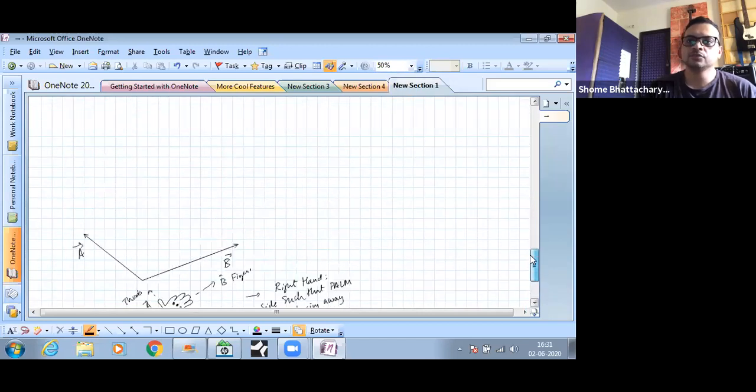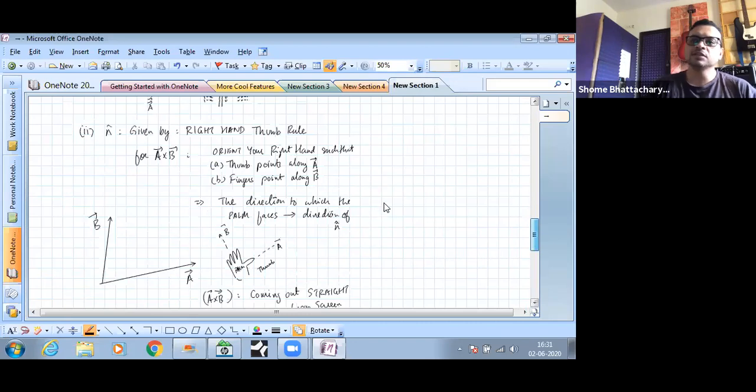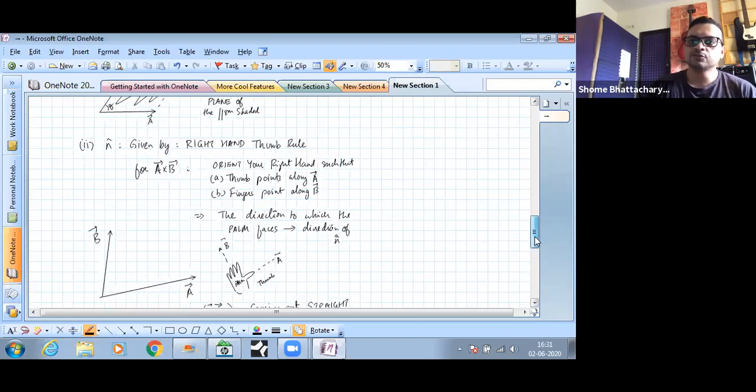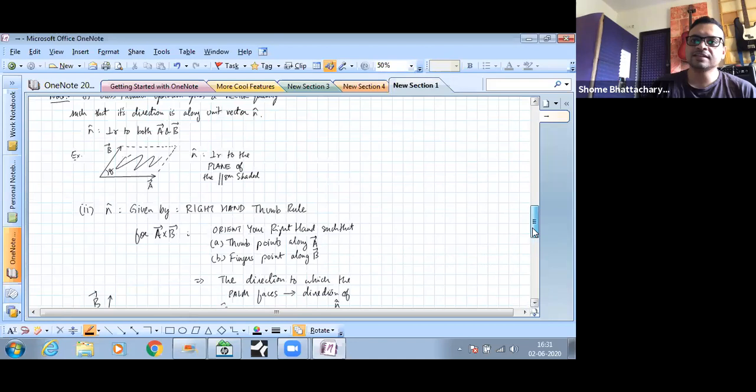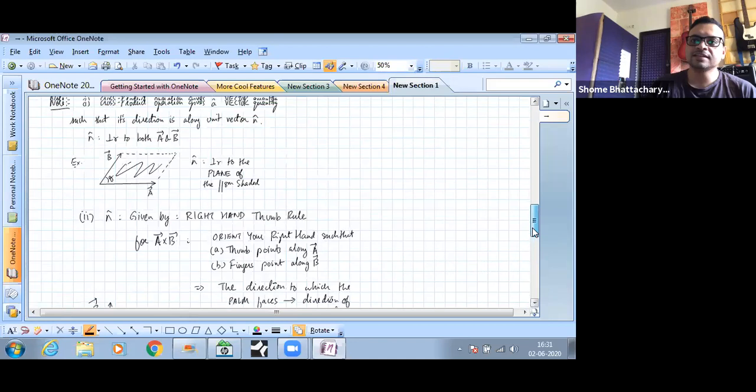So now you can write down this definition and then we'll come back to those examples. First of all, you know that n cap will be perpendicular to the plane, but perpendicular can be two things. It can be into the plane, it can be out.